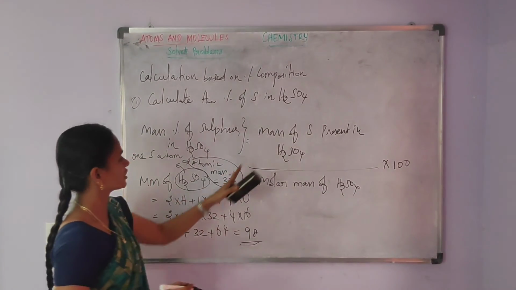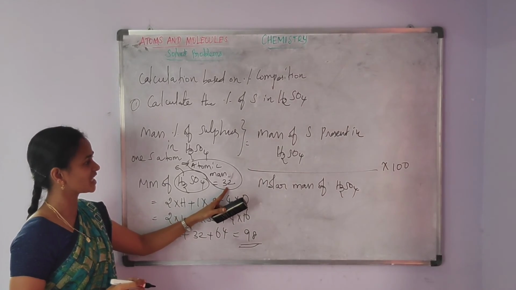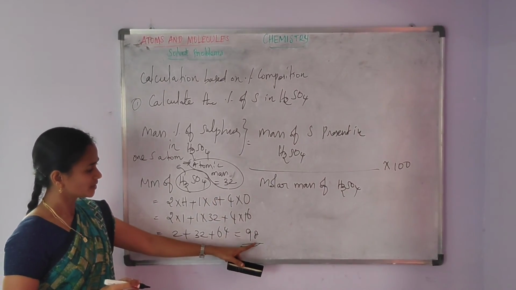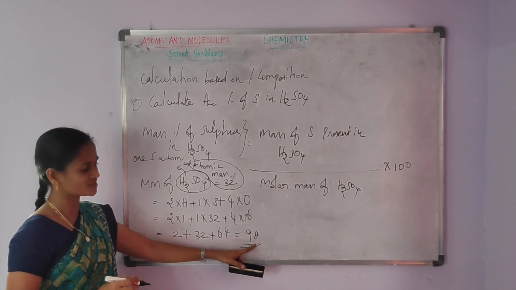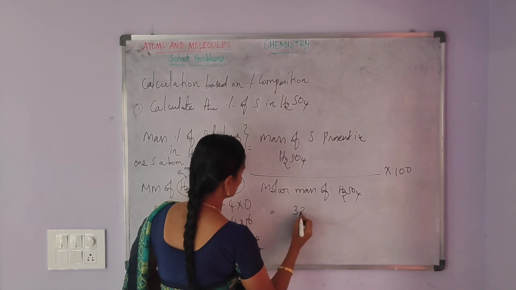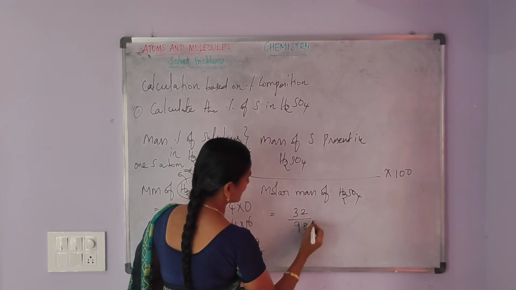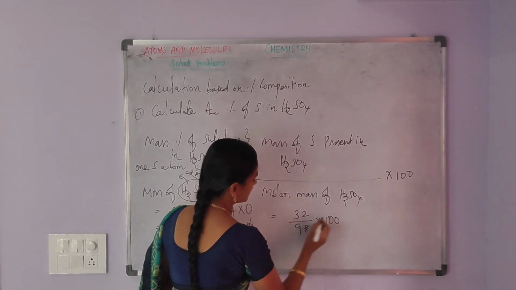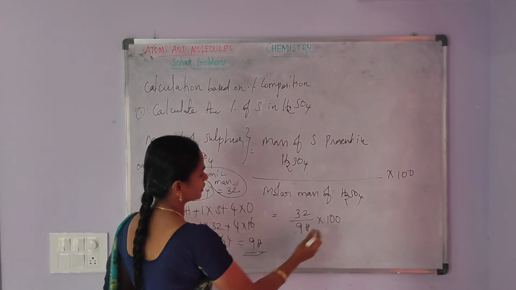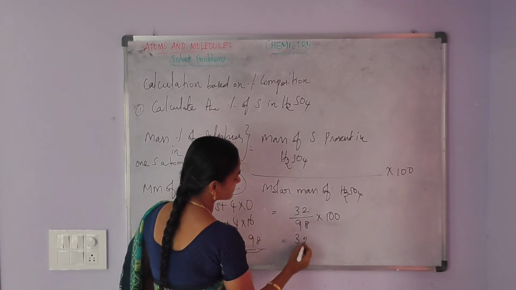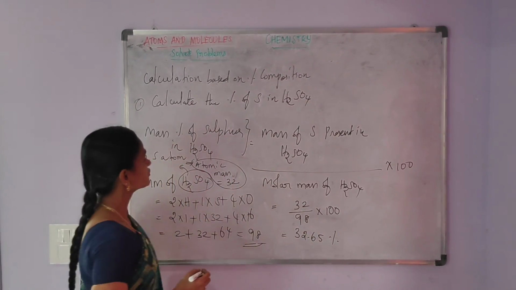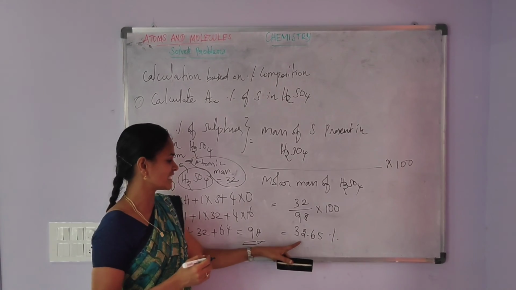Now, substituting the mass of the sulfur present in the sulfuric acid divided by molar mass of the sulfuric acid, that is 32 divided by 98 into 100. By simplifying, the value is 32.65%.